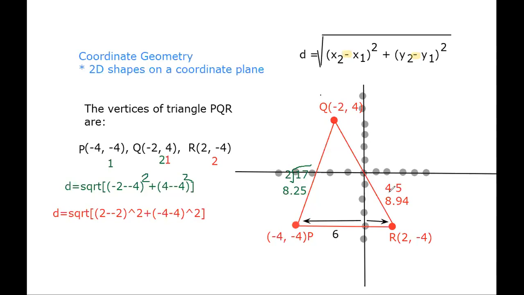Now, we can easily get the perimeter, and we can get it exact, because we are going to do 2 root 17 in our calculator, 2 root 17 plus 4 root 5 plus 6. Easy peasy. 4 root 5 plus 2 root 17 plus 6.